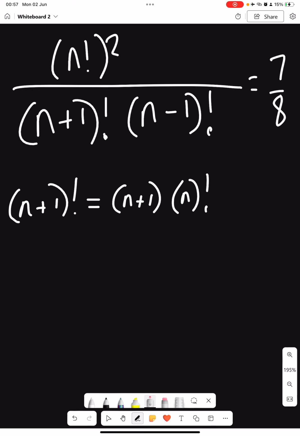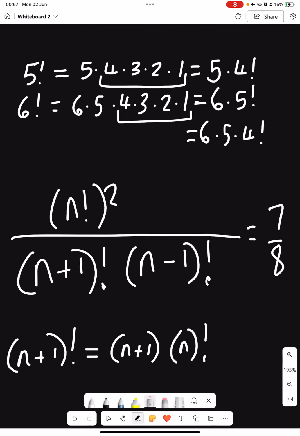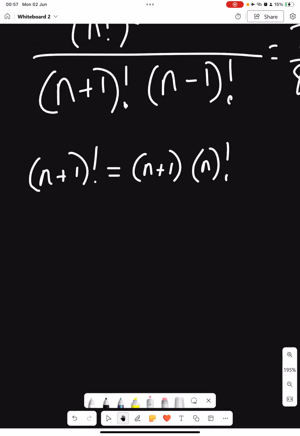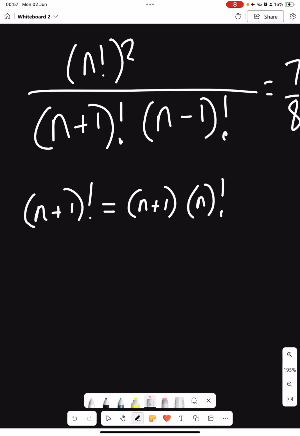Remember, we said the first part is always exactly like this part, and then the second part we minus 1. So that n plus 1 minus 1 will just be n, and I can say n factorial using that fact. Okay, awesome.